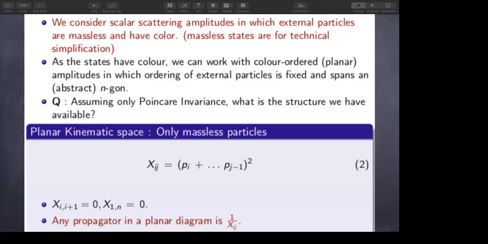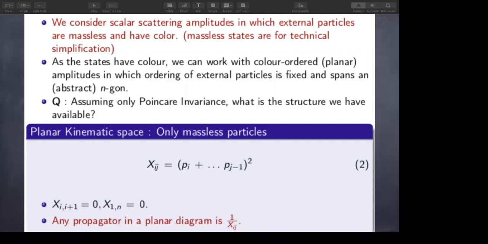So okay, if these are the class of theories we want to look at, where we have color and we have scalars, and we assume only Poincare invariance, then as we discussed, we don't have much structure to go with, except that we know that we should work with Mandelstam invariants, or generalizations of Mandelstam invariants for massless particles. And so with that, assuming planarity and masslessness of external particles, we get the kinematic space in which we want to analyze S-matrices.